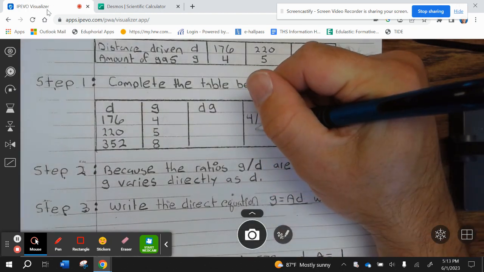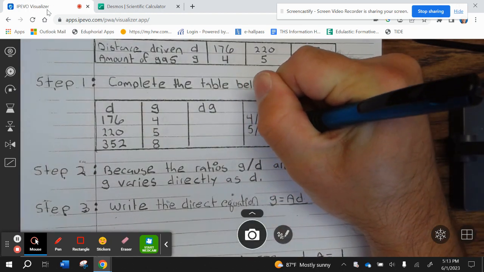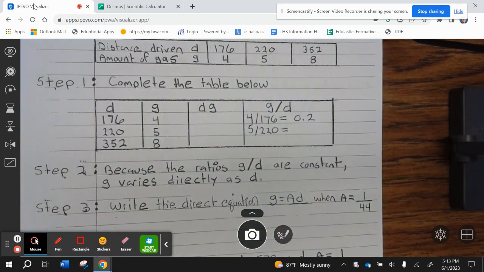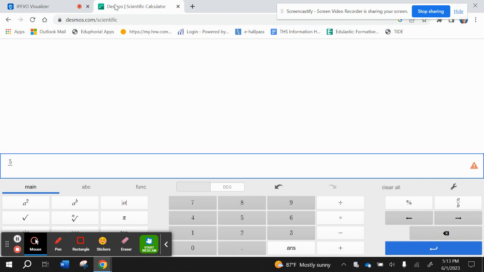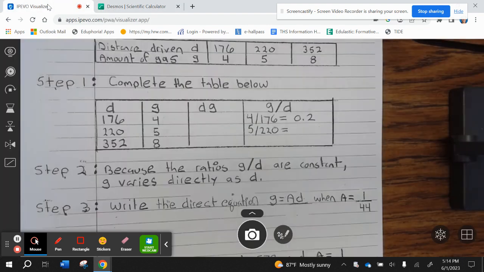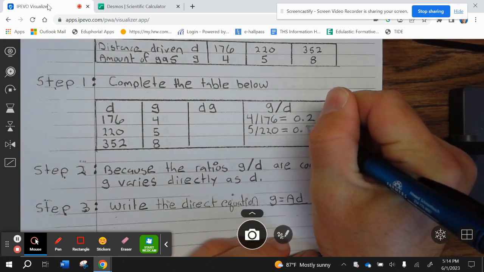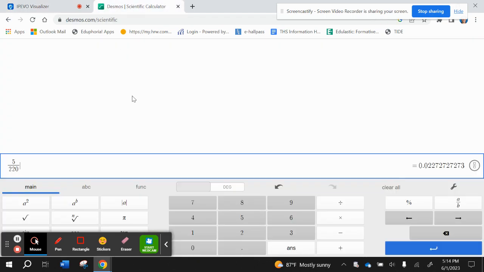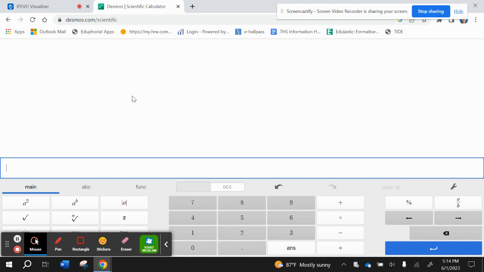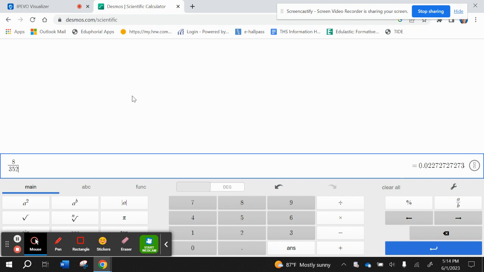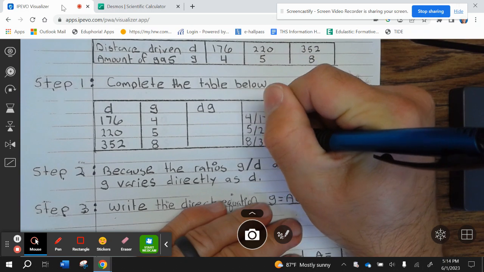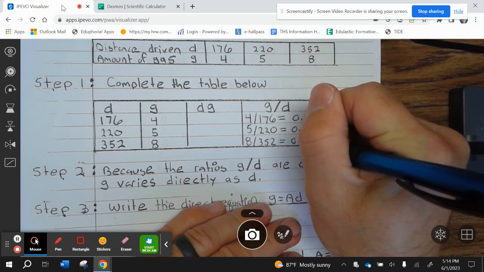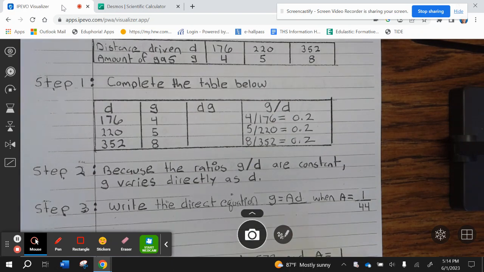Okay. 5 divided by 220, which again is 0.02. And then let's do 8 divided by 352, which is 0.02. Okay, because the ratios g divided by d are constant, g varies directly as d.